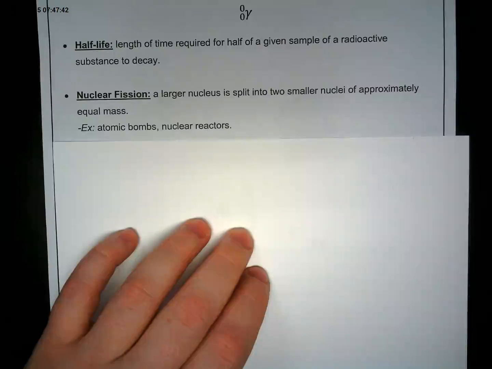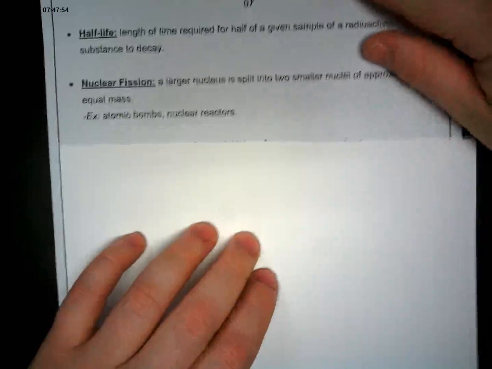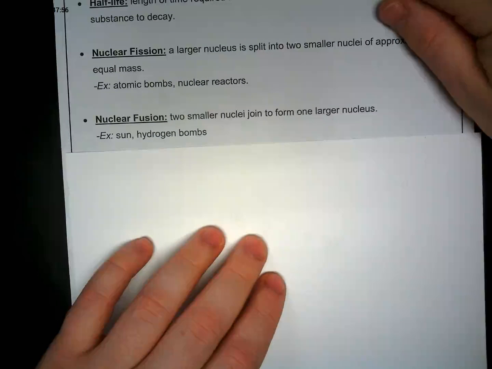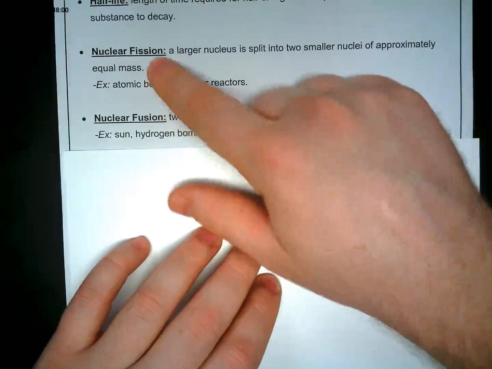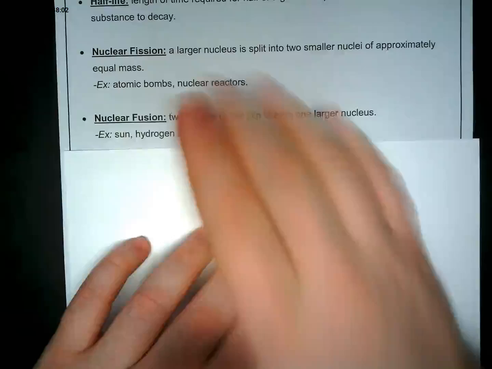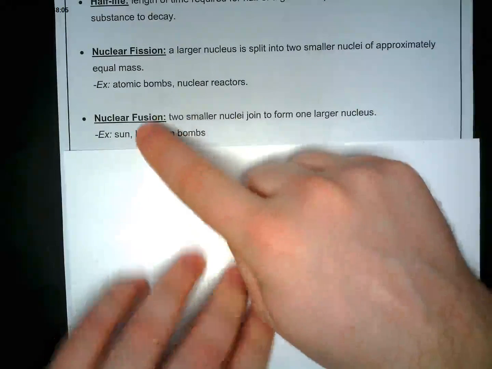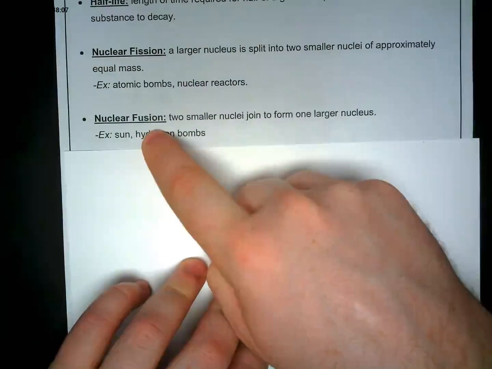It splits a nucleus into two, and this is how nuclear reactors power and generate energy by heating up water to then push steam through a turbine. Okay. And then you have nuclear, and I said fission. If I said fusion, I meant fission. So sorry for any extra confusion. Nuclear fission. Here's nuclear fusion.